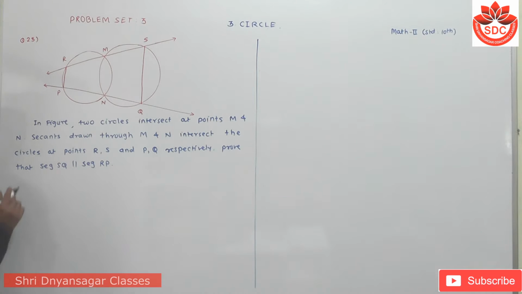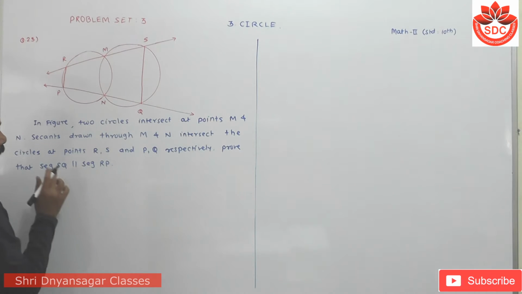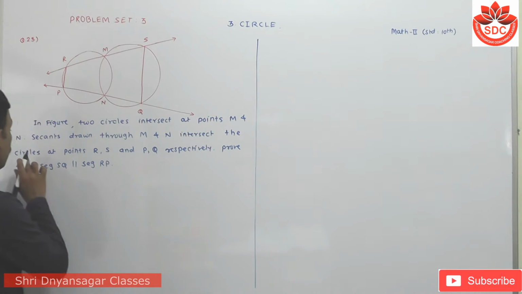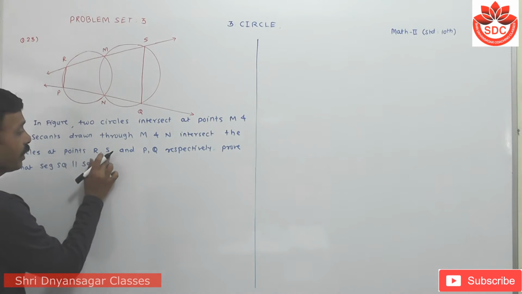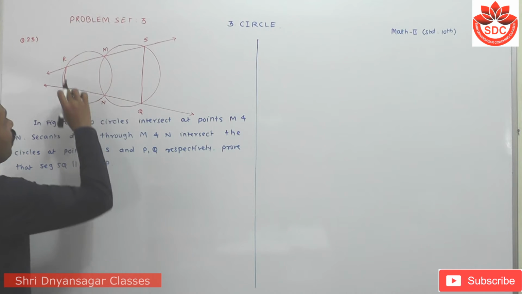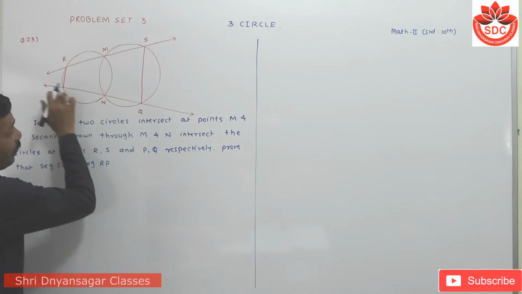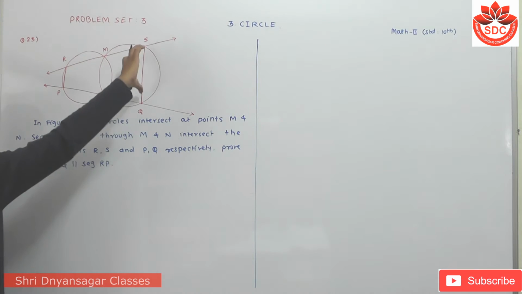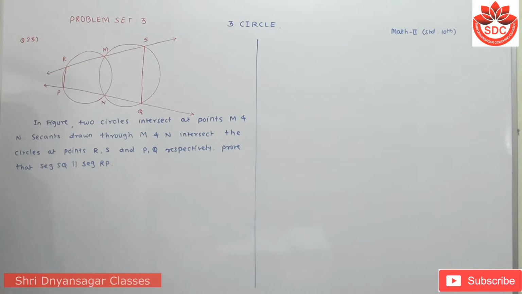Question number 23. In this figure, two circles intersect at points M and N. Secant drawn through M and N intersects the circles at points R, S and P, Q respectively. Prove that segment PQ is parallel to segment RS.